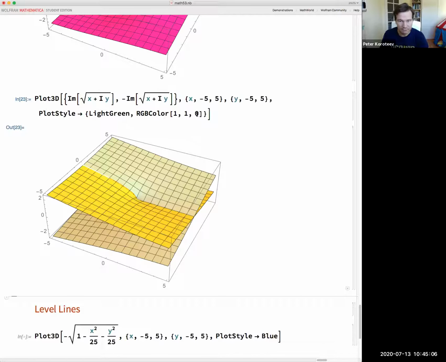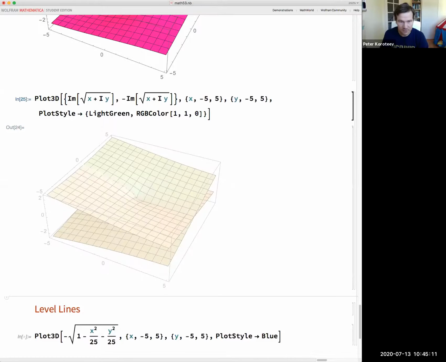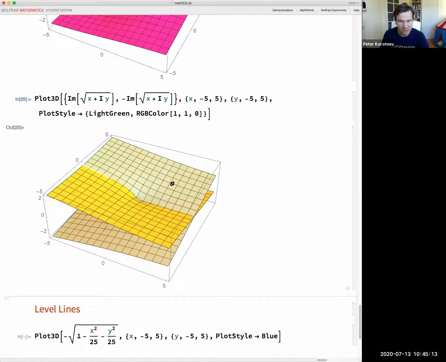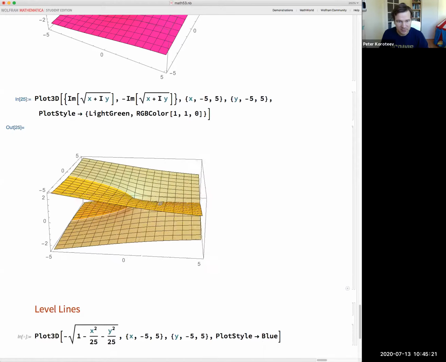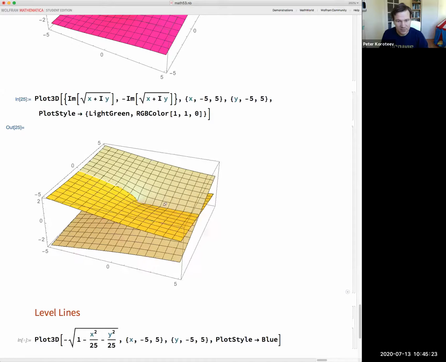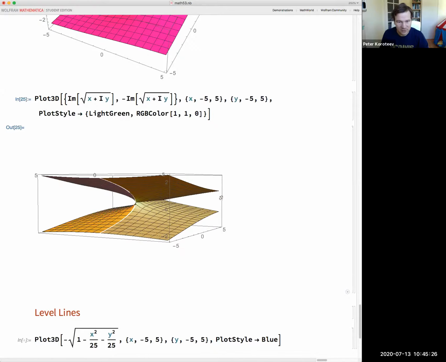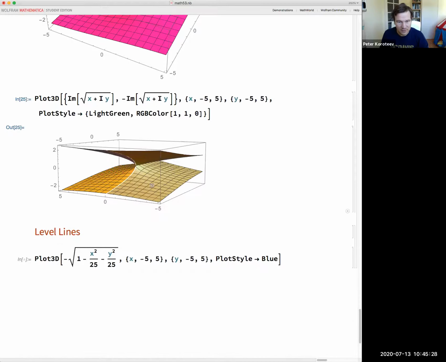So we see here this light green was the positive branch of the root, and this other color, which looks more yellowish, is the negative branch. So when you glue them together, you have this beautiful picture where that thing here looks like a parabola.